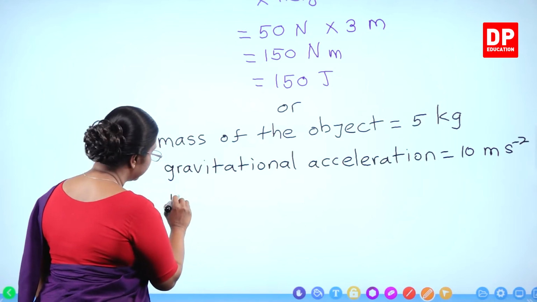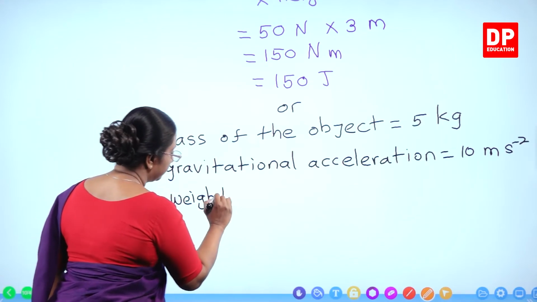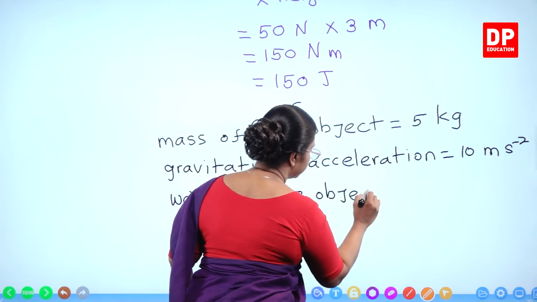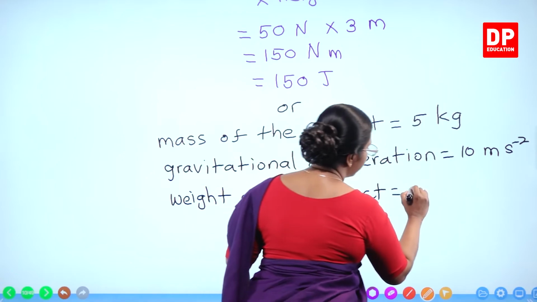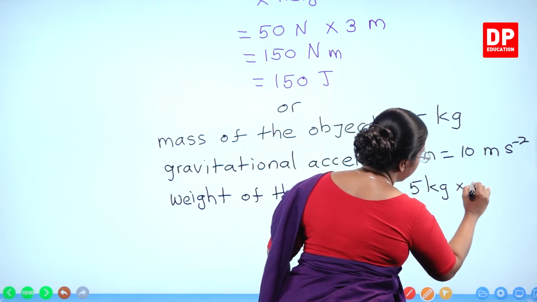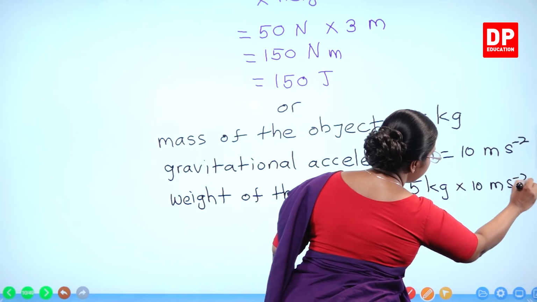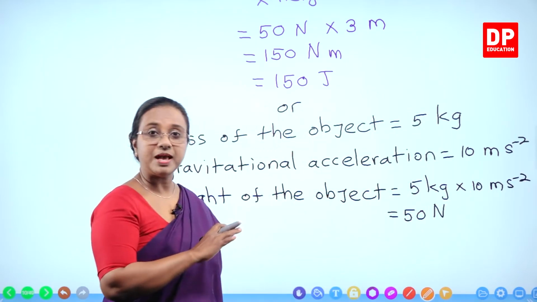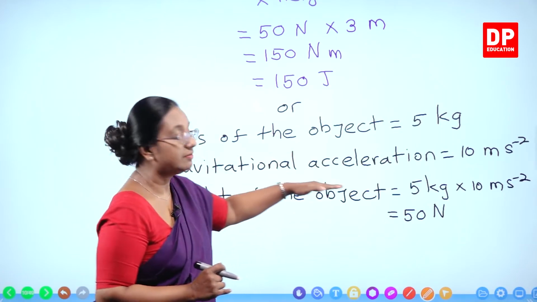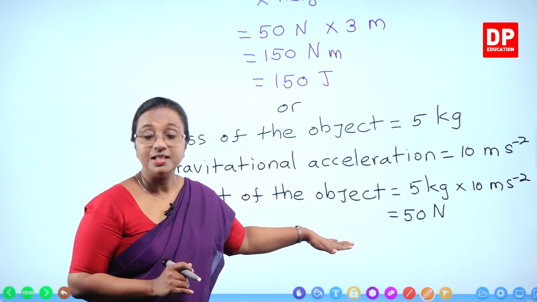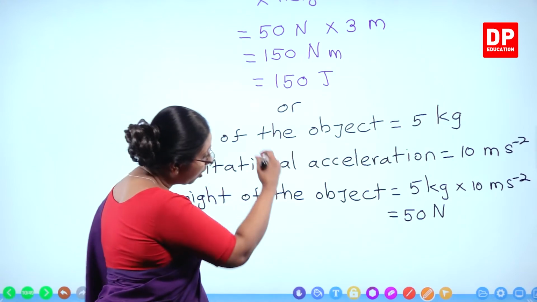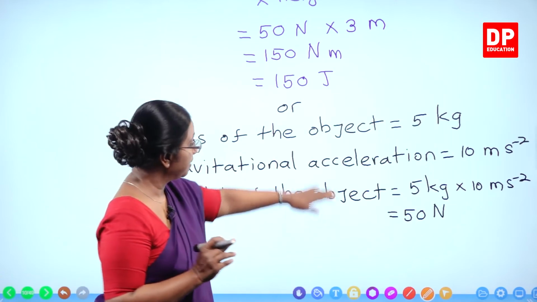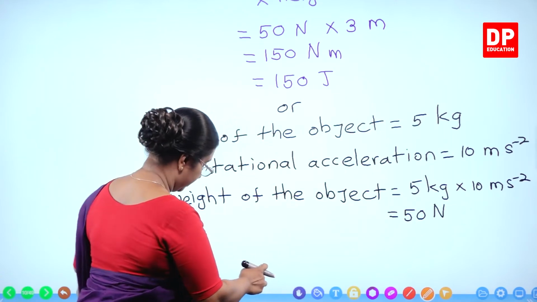Then you calculate the weight of the object. So that is going to be 5 kg into 10 meters per second squared. That will be equal to 50 Newton. The same calculation, but we write it using different words and the steps are slightly different. The order is different. There I calculated it together as one equation, but here we write it in different steps.